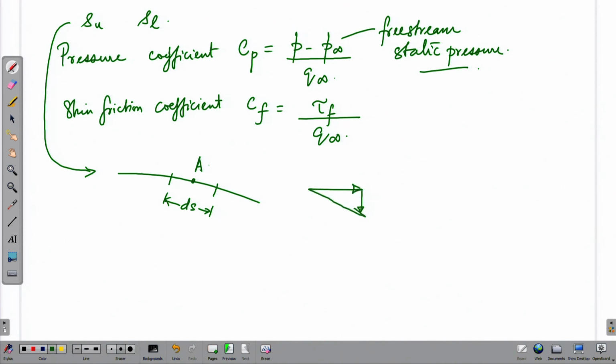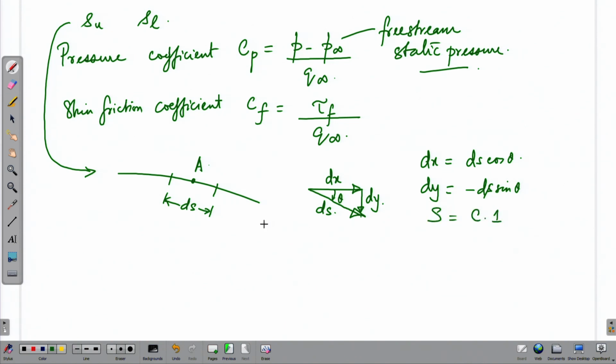So, if ds is a directed element, this is its inclination, we can have the corresponding dx and dy's which can represent it. So, dx will be ds cos theta, dy would be minus ds sin theta, and of course, s is c into 1 which we already discussed for 2D bodies.